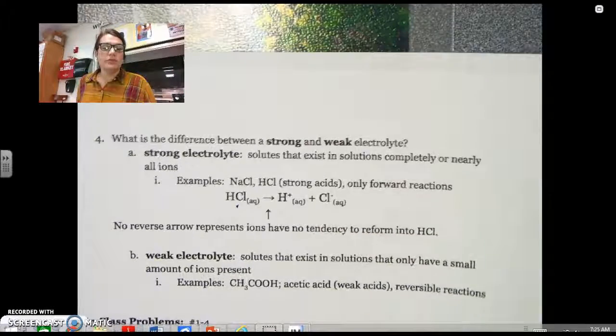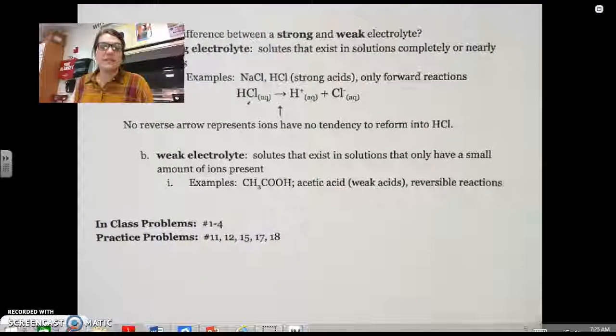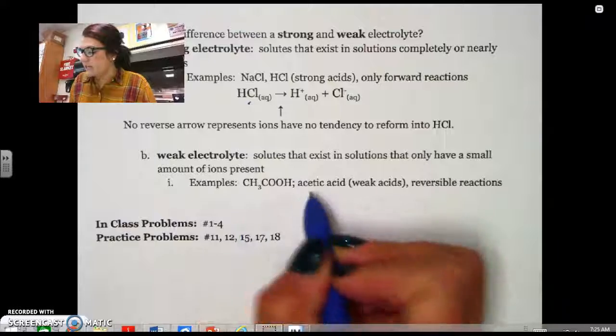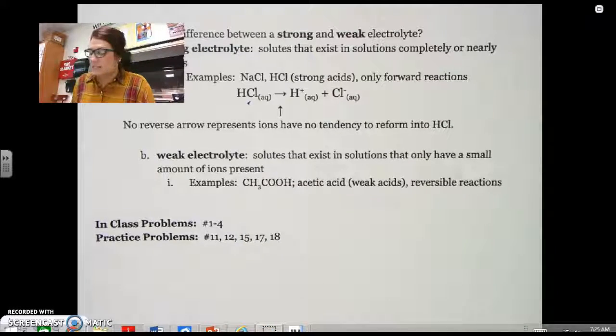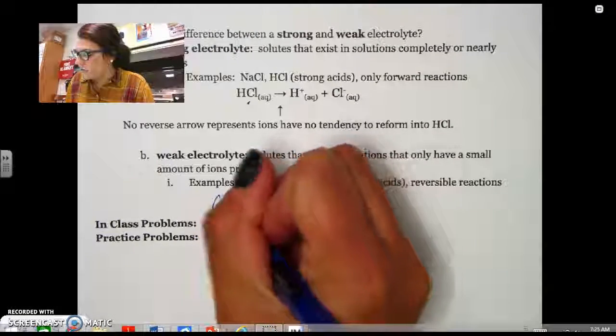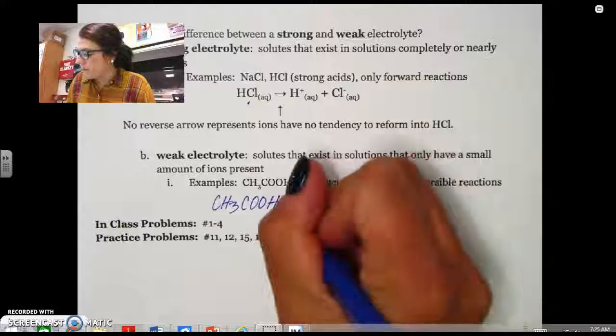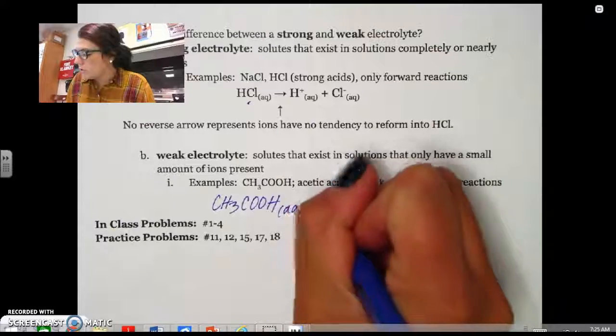A weak electrolyte is a solute that exists in solution with only a small amount of ions present. Acetic acid here is my example. Acetic acid will dissociate in an aqueous solution, but only partially.